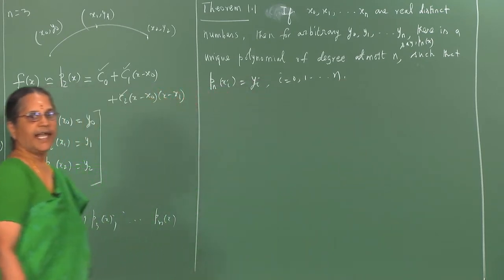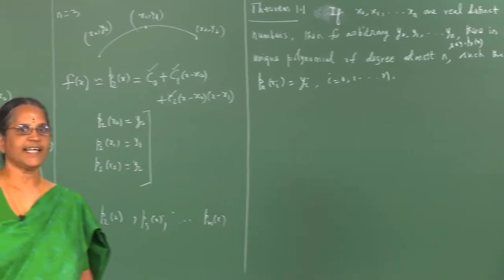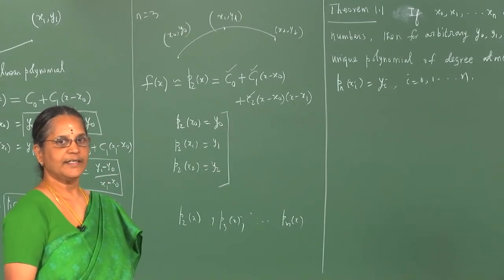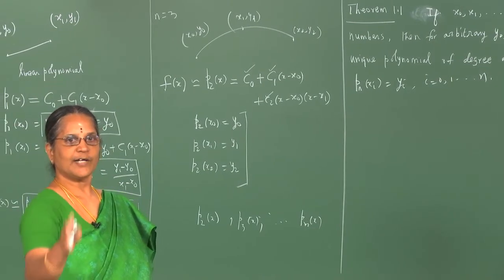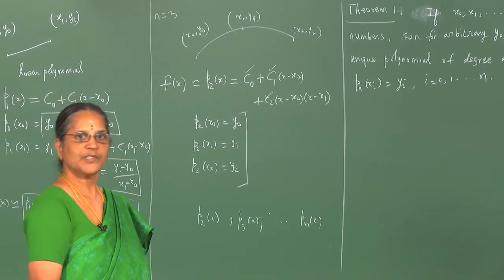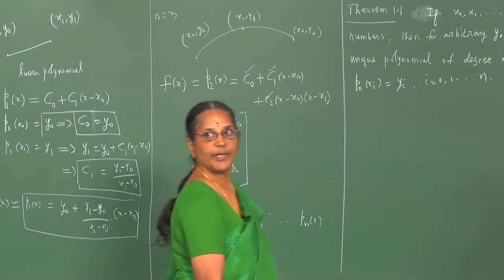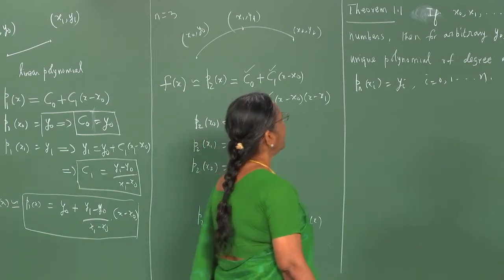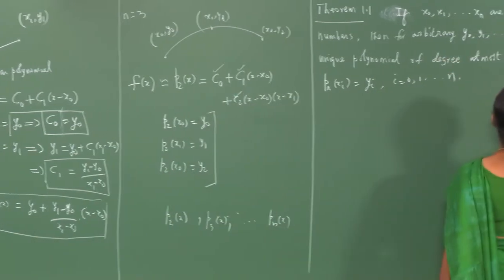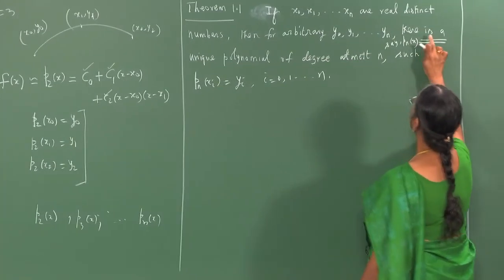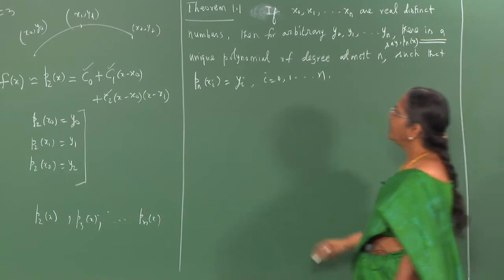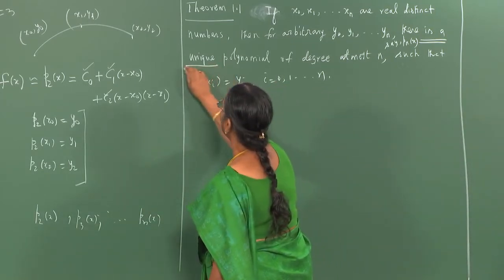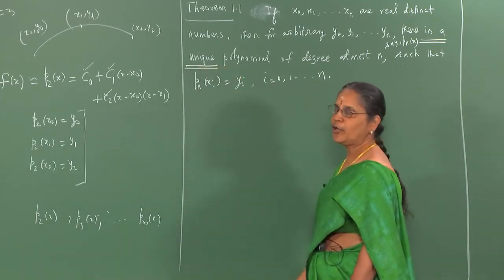So, given n plus 1 distinct points x naught, etc., xn, for any arbitrary values which are associated with these n plus 1 values, namely y naught, y1, etc., yn, the result says there is, that is, it says there exists a polynomial, and this polynomial is a unique polynomial.